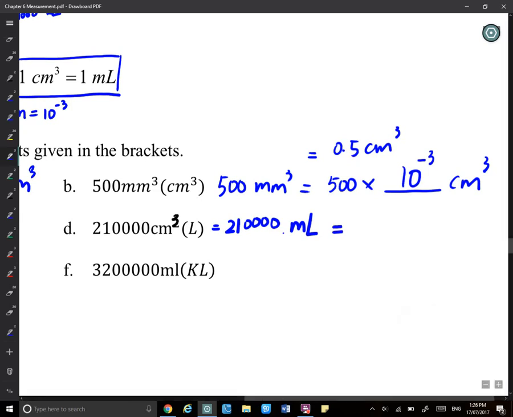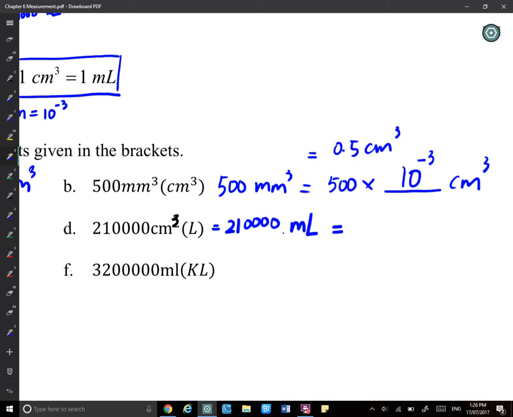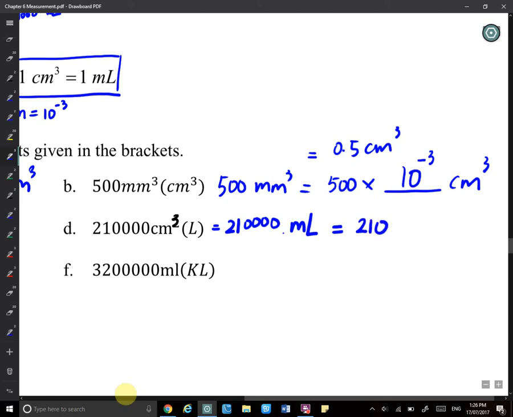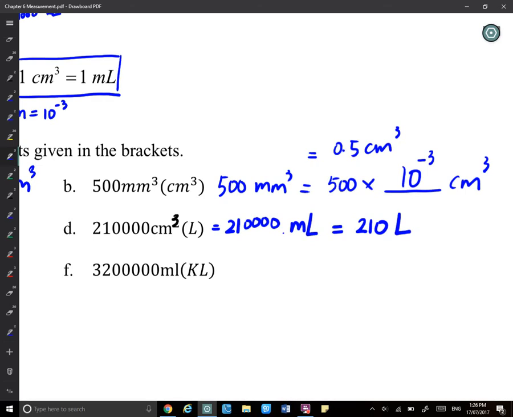Now I want to convert into liters. It's a 1,000 relationship, but I convert from a smaller unit to a larger one, so it's 210 liters. Go back for 3 units, because it's a smaller one I have, I need to decrease the number to make it to liters.